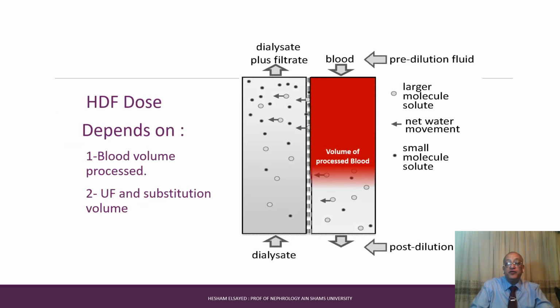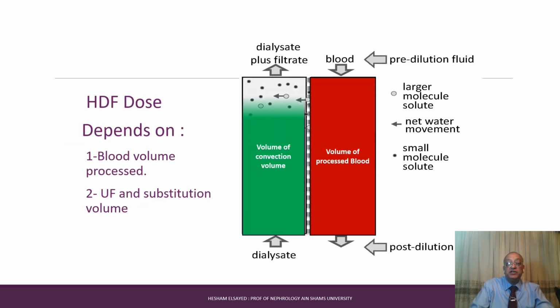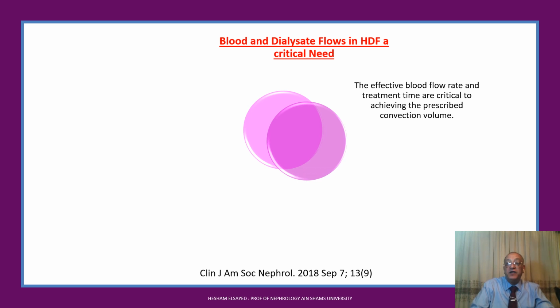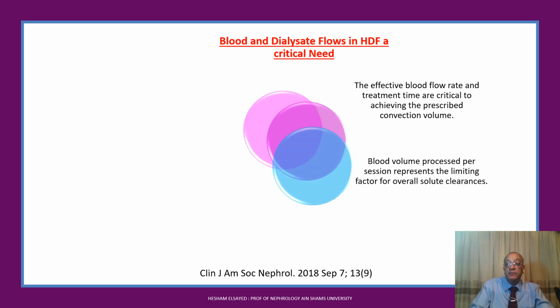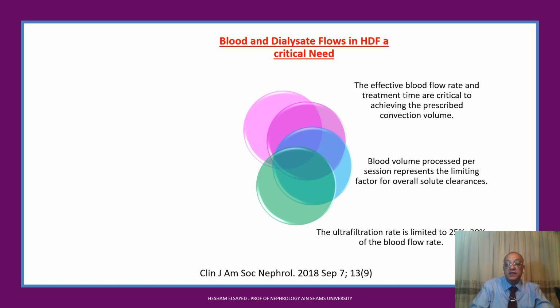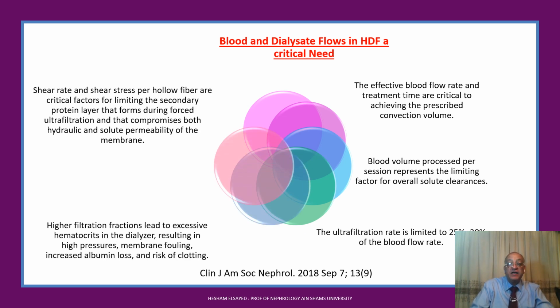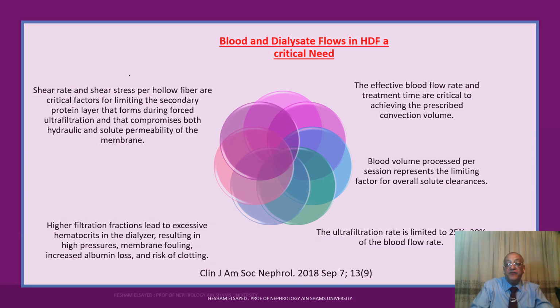Considering hemodiafiltration criteria for dialyzer selection, you need a very big surface area and, very importantly, the effective blood flow should be optimum and the blood volume processed should be optimum, so increasing the QB to a higher level. You can use that above 350. With higher filtration fraction, you can have clotting and protein clogging.